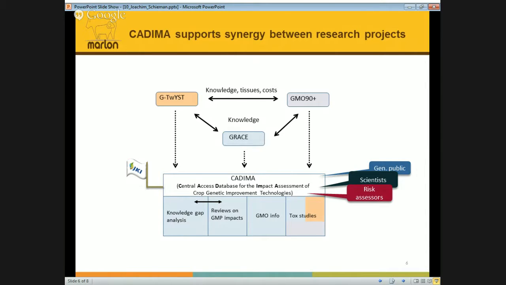And CADIMA is linking GTWIS together with GRACE, together with another French project funded by the French government, and also with other EU projects like Presto, for example. And of course, we would be more than happy also to link it with the database produced in the frame of MARLON.